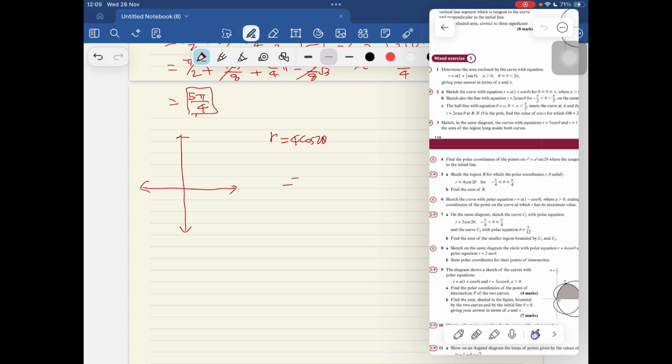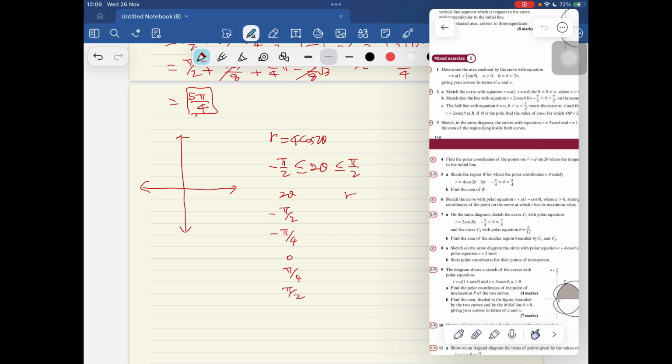So negative pi over 4 and, because this is double theta, let me think of double theta. So double theta is between negative pi over 2 and pi over 2. So double theta becomes negative pi over 2, negative pi over 4, 0, pi over 4, pi over 2.